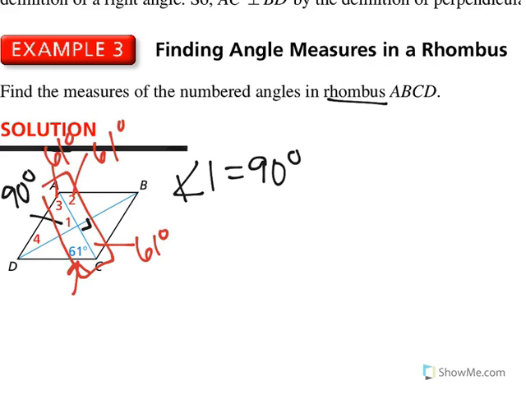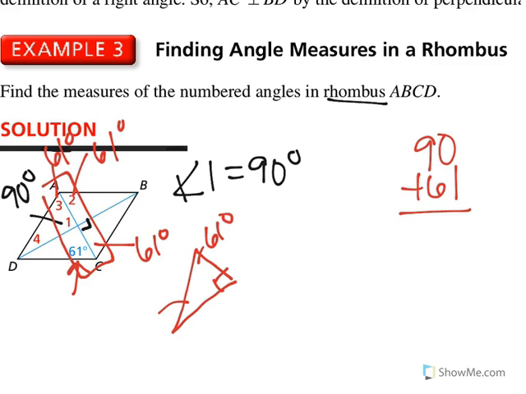Well, you can see, if I redraw this, if this is 90, this is 61, I should be able to figure out what my third angle is, because I know all the angles in a triangle add up to 180. Okay, so 90 plus 61 is 151, so 180 minus 151 should give me 29 degrees.